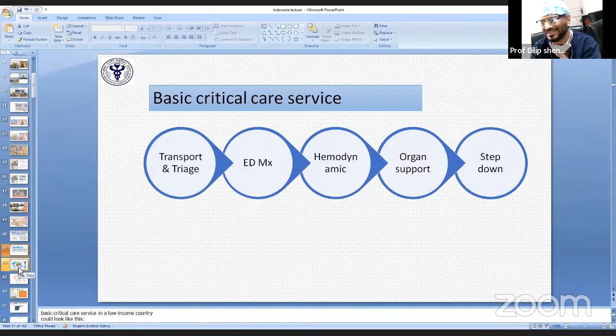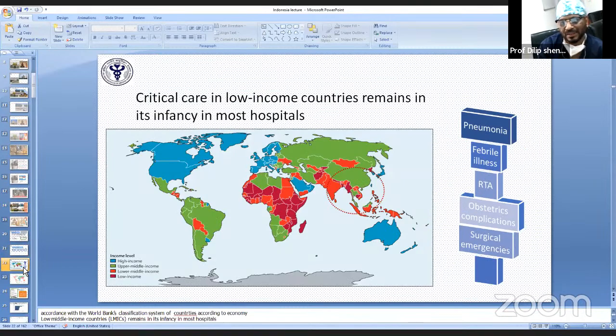How the patients are managed in rich countries, and in countries where there is a limitation. So critical care in low-income countries remains in infancy in most of the hospitals. This is low-income countries and other high-income countries.